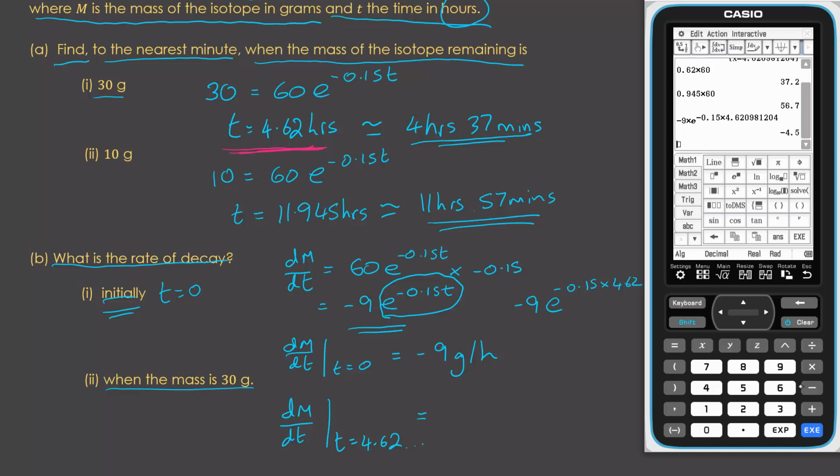And execute, and that is negative 4.5 grams per hour. Perhaps not a surprising result if we look at these two results together. So here and here, this is half the rate, and that's not surprising because at that point we have half of the initial mass.